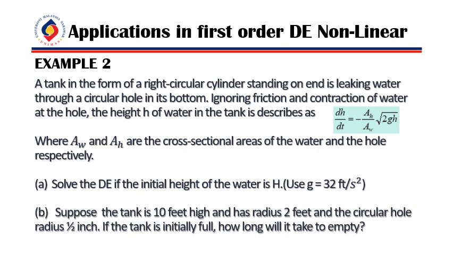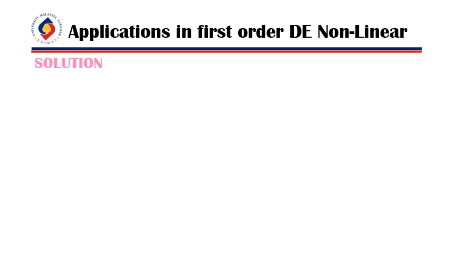Here it is. So solve this differential equation if you are given g here. This is the equation that is given to us, and then you plug in any variables that are given to you.